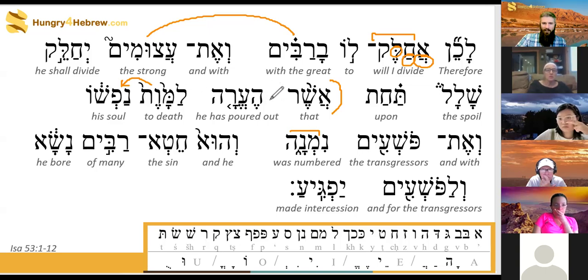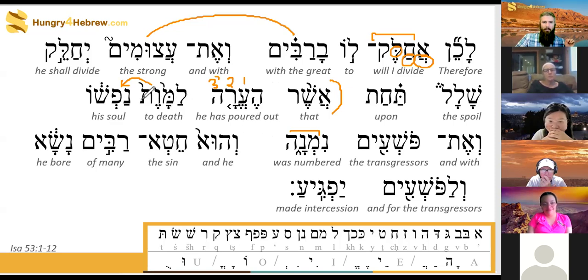He'era, is that a he feel? Because of the he, it certainly looks like it, and so that means our root would have to be ayin resh missing yod. And they translate it as he poured out.